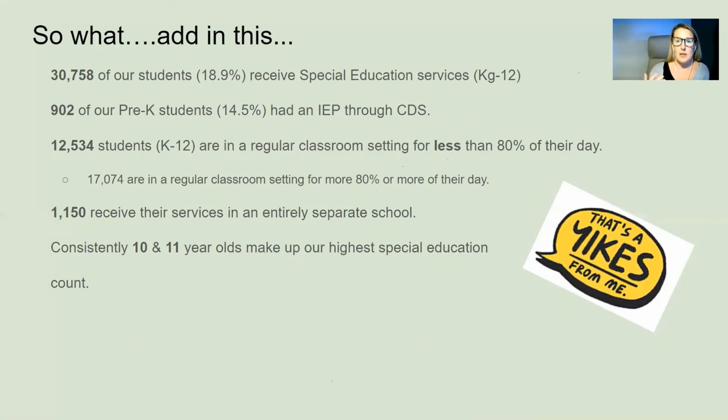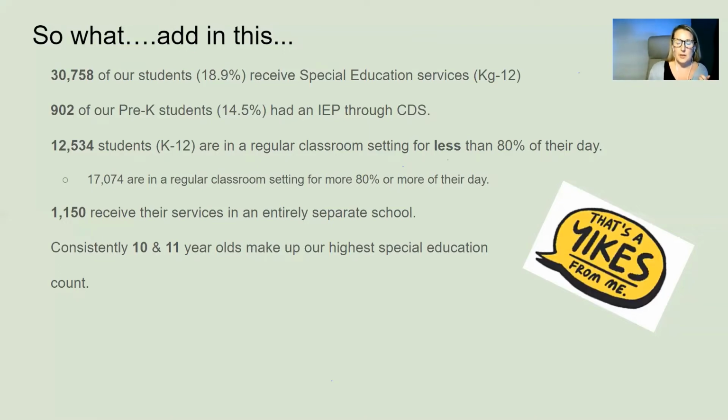Pre-K is separate because 619 services for 3 to 5-year-olds are organized through Child Development Services or CDS. It's not part of the regular school system. So therefore they have a bit of a different data system as well. So when we look at just pre-K data, it tells us that 902 of our pre-K students, or just under 15%, had an IEP through CDS during that school year.